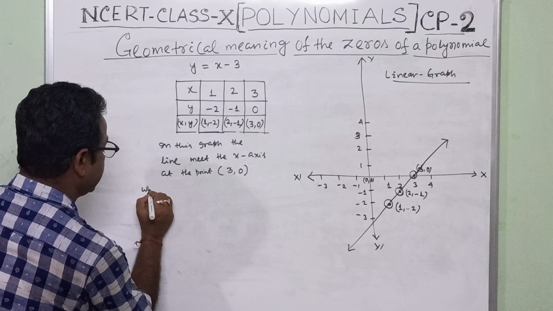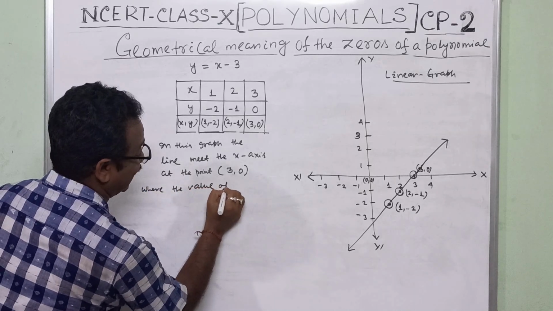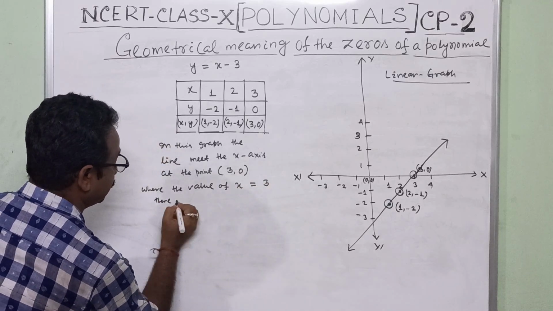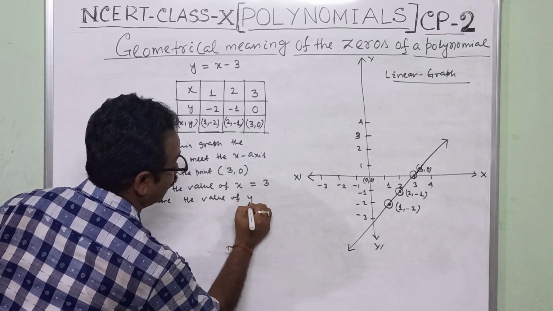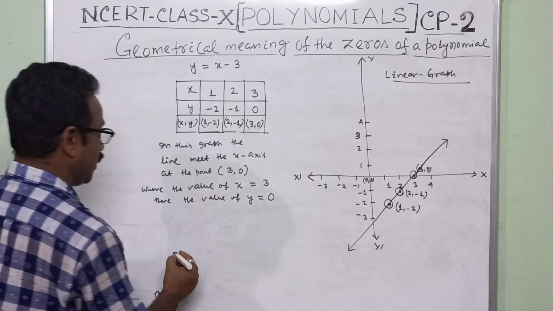So where the value of x is equal to 3, there the value of y is equal to 0.